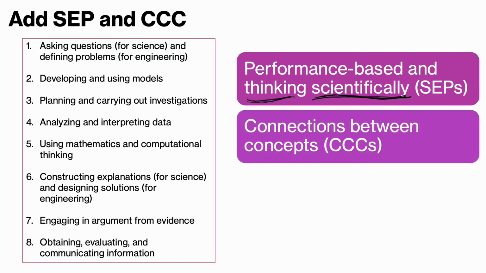And then another big thing is connections. How do we connect from science to other things? Because in the real world, science doesn't exist by itself. It's connected to math, it's connected to sociology, it's connected to so many other things.